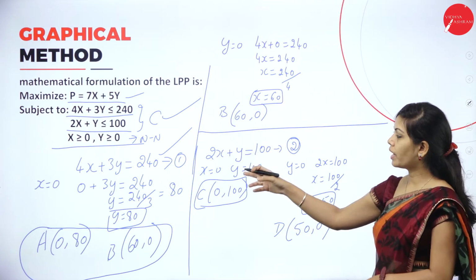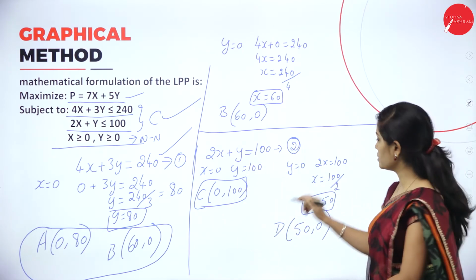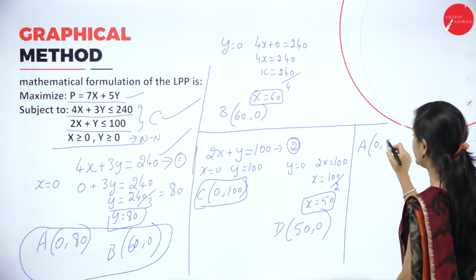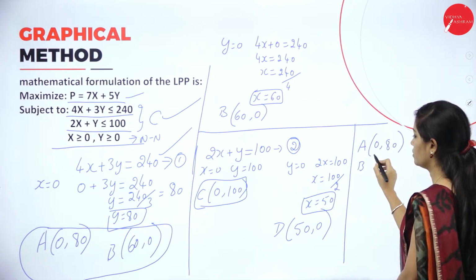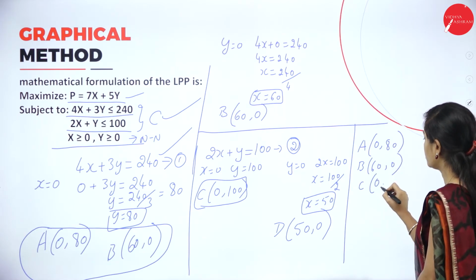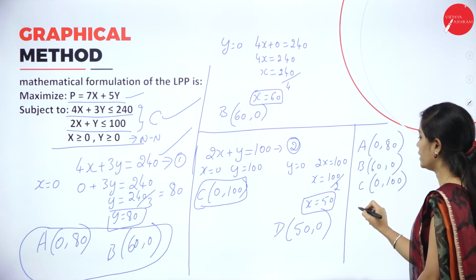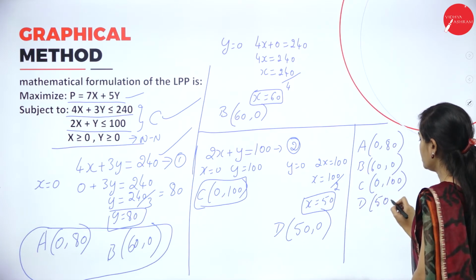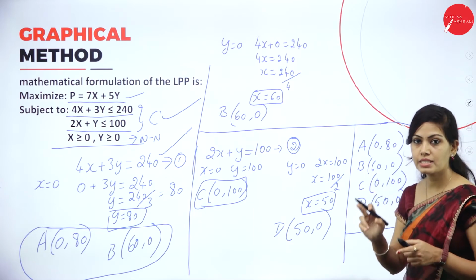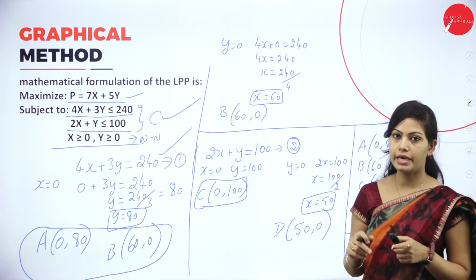So from equations 1 and 2 we got 4 points: A of 0, 80, B of 60, 0, C of 0, 100 and D of 50, 0. Using these points, we can construct constraint lines.